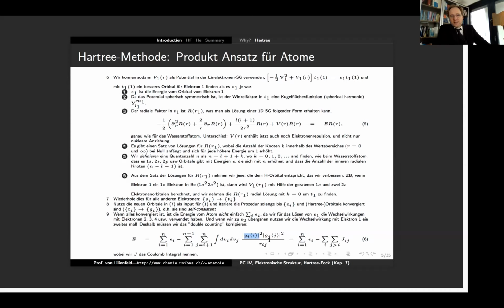So this coupling term is basically something like an electron repulsion. This is the electron density of electron J and this electron I over the distance. This is a Coulomb repulsion, and we like to give the symbol J to this Coulomb repulsion term. It's just a notation here, this J.